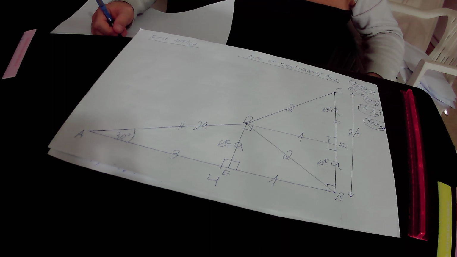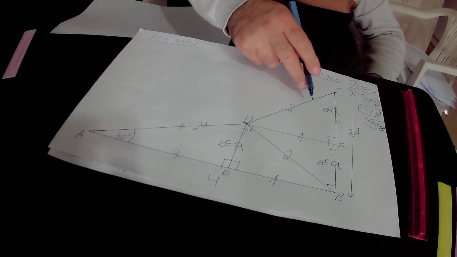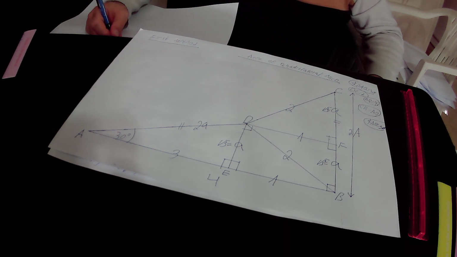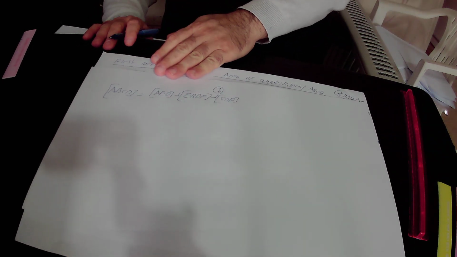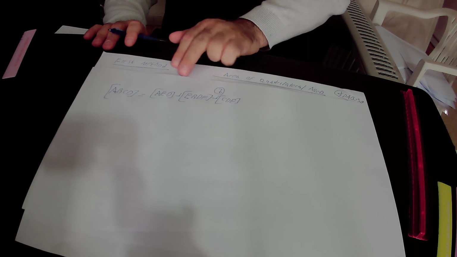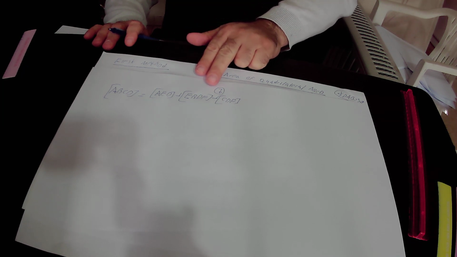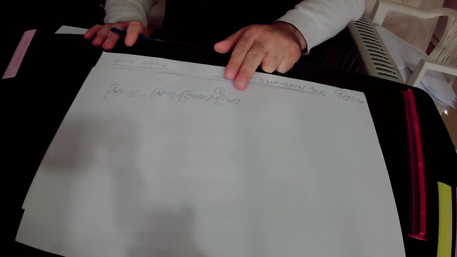The area of quadrilateral ABCD will be equal to the area of the right triangle AED, plus the area of rectangle EBDF, plus the area of the right triangle CDF. I repeat, the area of quadrilateral ABCD equals the area of the right triangle AED plus the area of rectangle EBDF plus the area of the right triangle CDF.